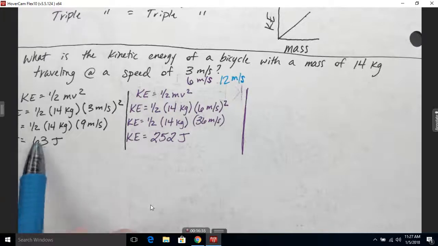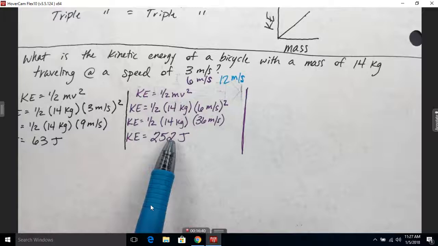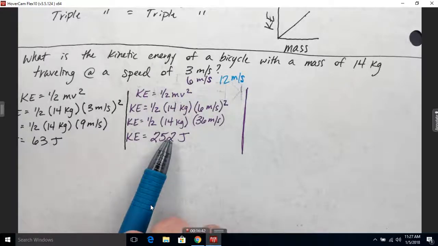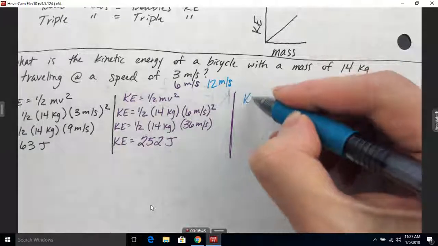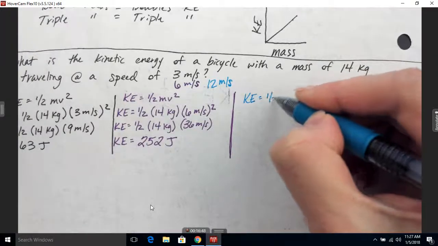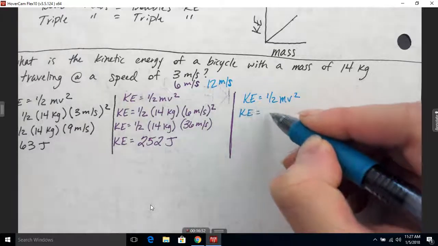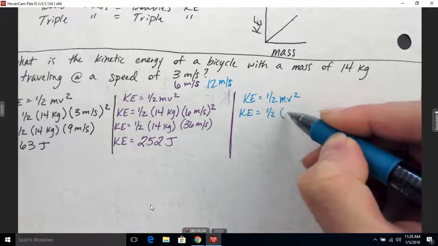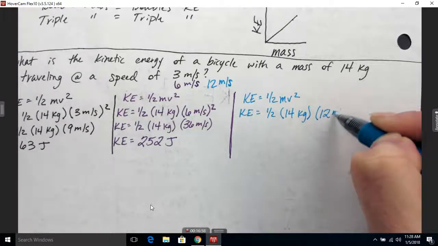So if you had to take 63 and multiply it by 4 to get that, so what are you going to do with this? Multiply it by 4? Okay, let's see if it checks out. Kinetic energy equals 1/2 mv squared. The mass is still 14, but now we're going 12.